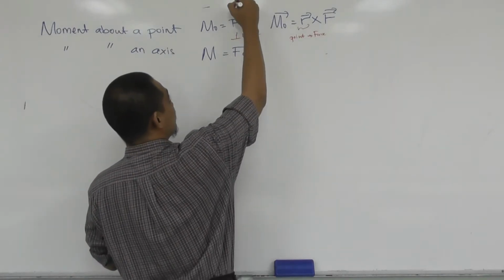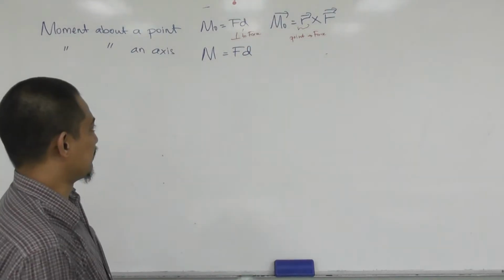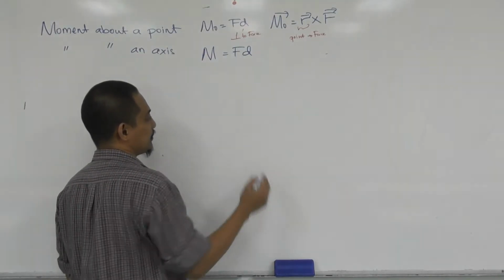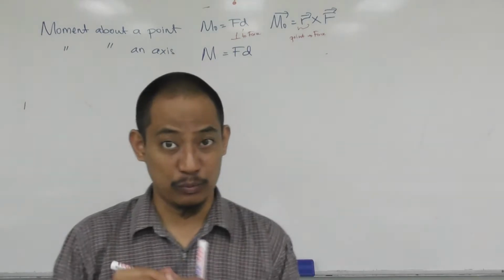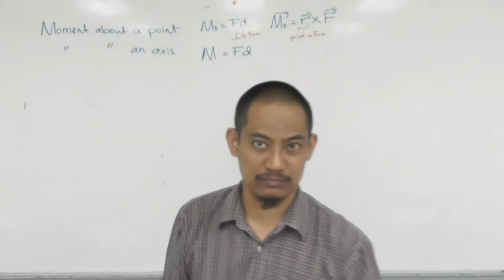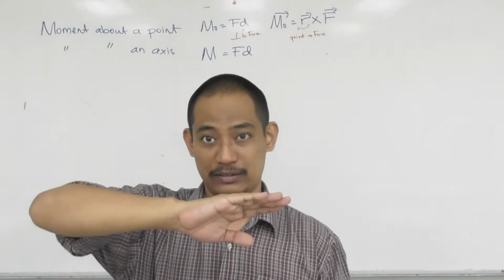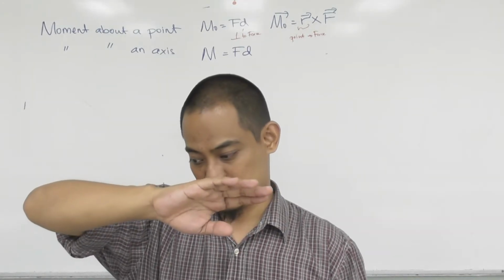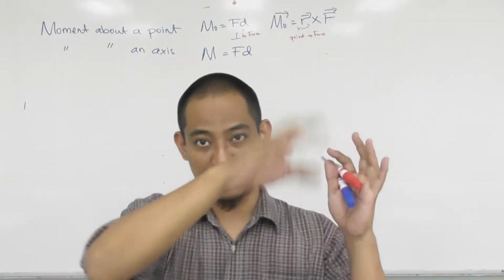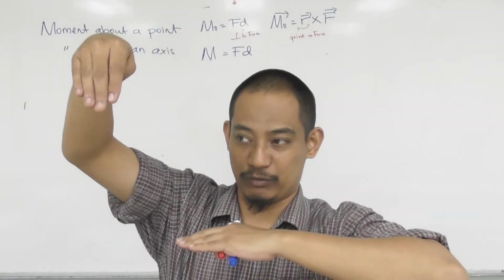If you still remember, perpendicular there. But in moment about an axis, the distance should be perpendicular to both force and axis. If you see the image of the tire, you have the nut, which is the axis of rotation, and the force is also a line, so the distance has to be perpendicular to both.